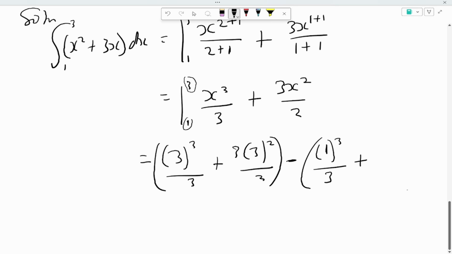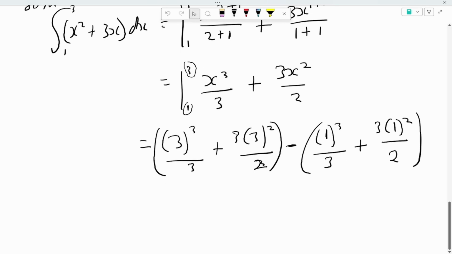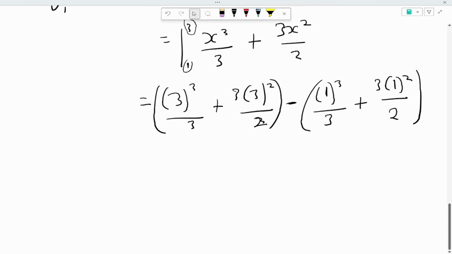So plus 3 into 1 raised to power 2 all over 2. Now, I would recommend you solve everything in the brackets separately because of the problems that may arise while you are manipulating your signs. But if you are good, you can just leave it without brackets and solve straight away.